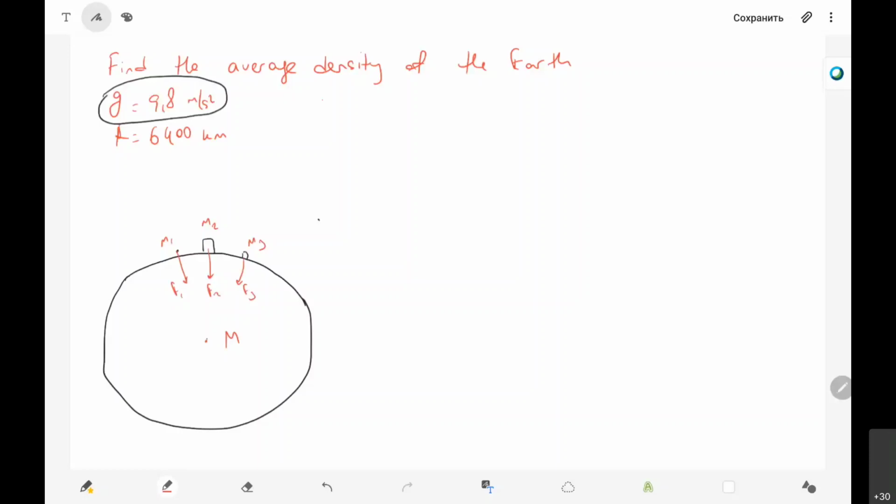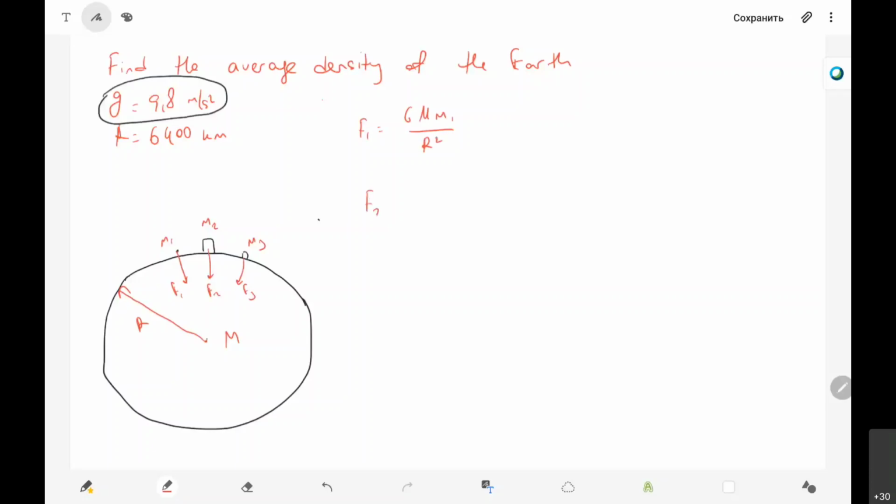What is the distance between all these three objects and Earth? This is the radius of the Earth. This is the distance between me and the Earth's center, of course, between my house and the Earth's center, etc. So F1 actually equals the constant times Earth's mass, my mass, over the distance between us.